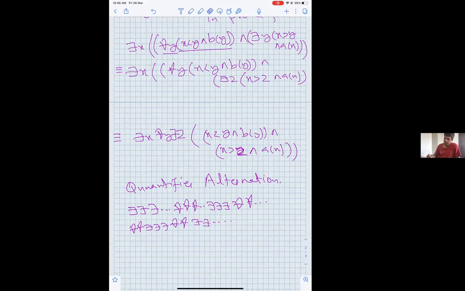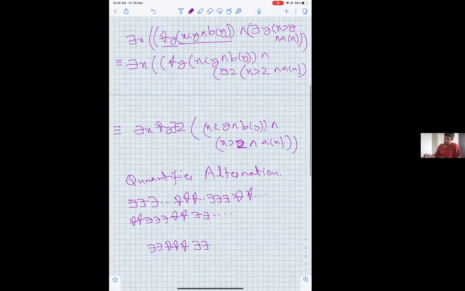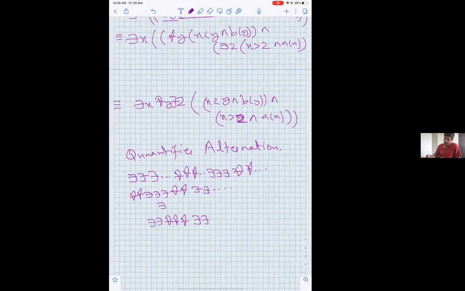So if the formula starts with there exist, we count the number of blocks. For instance, if I have a formula like there exist, then for all, for all, for all, there exist. If it is just there exist, I'll say it's a sigma 1 formula. Sigma stands for existence.